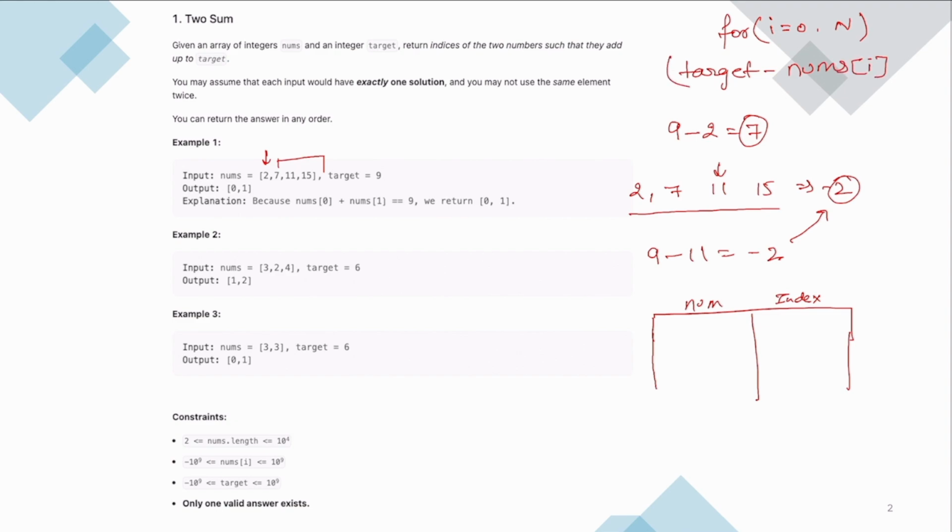If we find this number in the hash map, it means we already encountered it, so we got our first match and we found our answer.